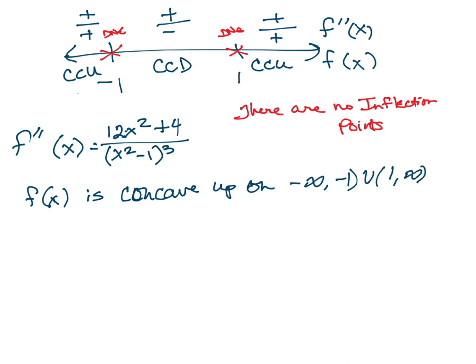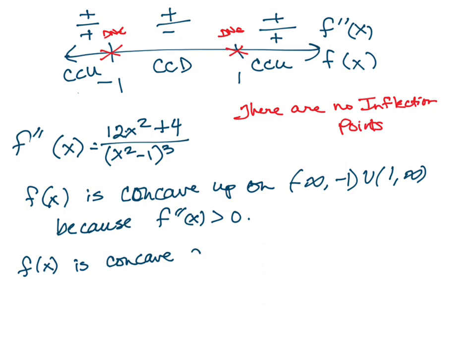And the reason for that is because our second derivative was positive. F of x is concave down on the interval between negative 1 and 1 because the second derivative in that case is negative.